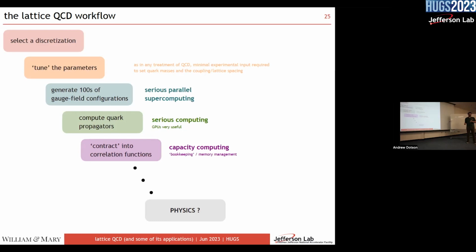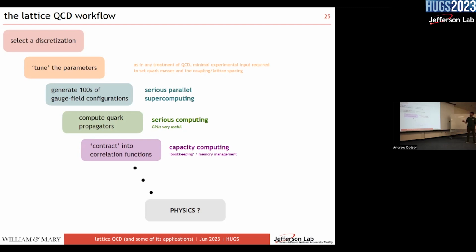I haven't lingered on that, but there are the quark masses, for example. And at some point, you're going to have to specify what the lattice spacing is. How do you do that? Well, it gets hidden inside some parameters that appear in your action. So you have to do some work to figure out what the parameters are so that you describe the version of QCD that you want to see.